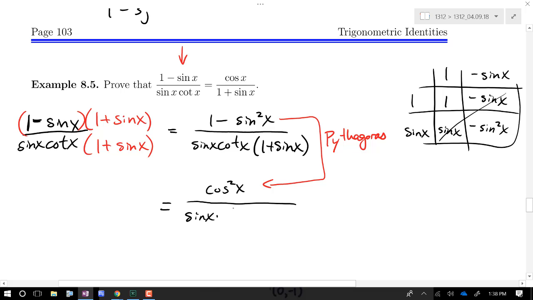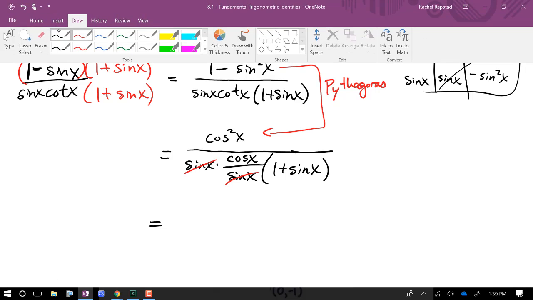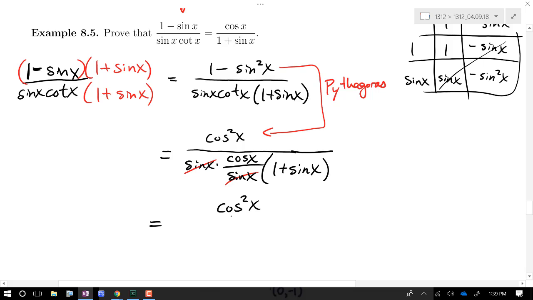It is 1 over tangent, but I think we might make more progress here if we write it as cosine over sine, just because it'll afford me some canceling with that factor of sine. So we can cancel the factor of sine here. Now we've got cosine squared x divided by cosine x times 1 plus sine x.